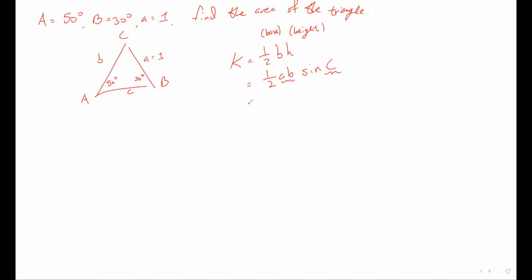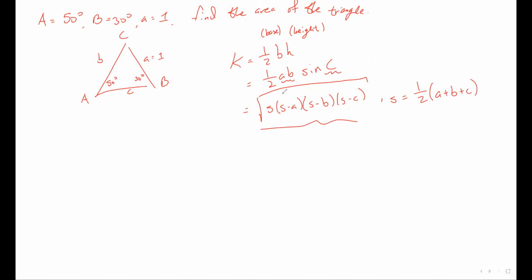And then finally, the last one, the more notorious one, is the square root of S minus A, S minus B, S minus C, where S is equal to 1/2 of A plus B plus C. I forget what formula this is.